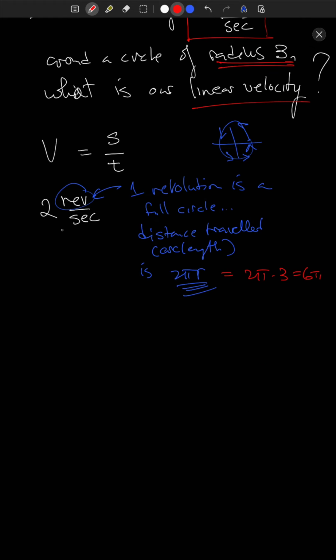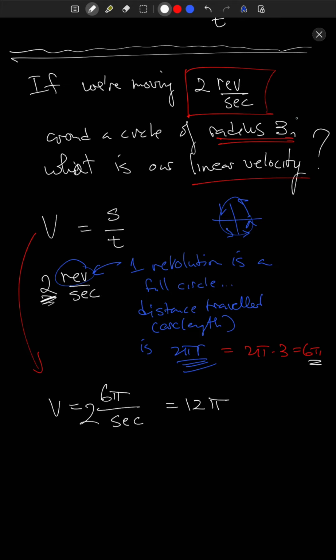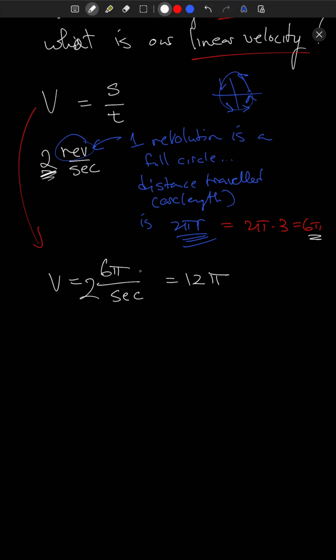Okay, so the 2 revolutions per second in terms of linear velocity becomes v equals s, which is our distance traveled, our arc length, which is 6 pi, over, and then we have 2 of those, 2 revolutions per second, over seconds, over time. So we've got 12 pi. I should put the units here, so radius 3 feet, let's say.